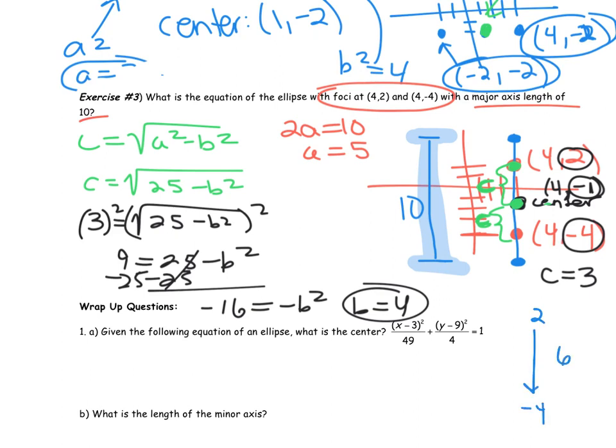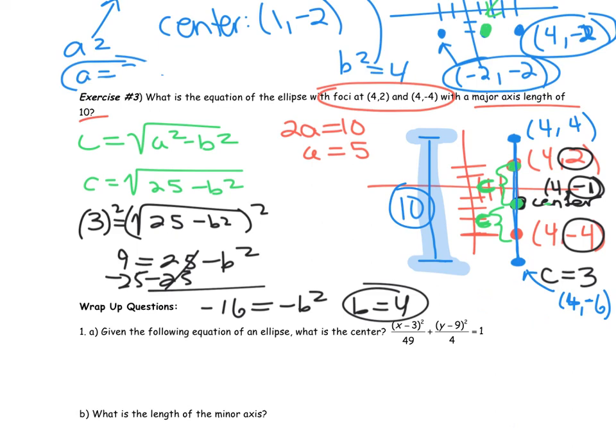So I need to go an additional 2 units up and 2 units below, meaning my vertex here will be at 4, 4, and this one here will be at 4, negative 6. Now from 4, 4 to 4, negative 6 has a total length of 10. While we didn't really need that information, I think it could be useful for you guys to see things like that.